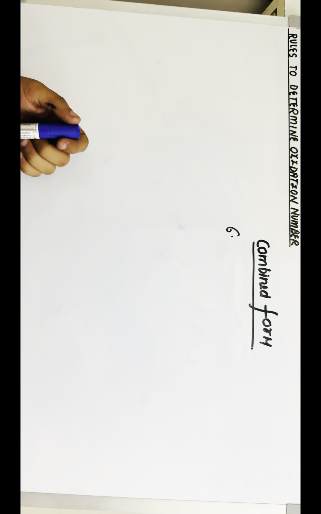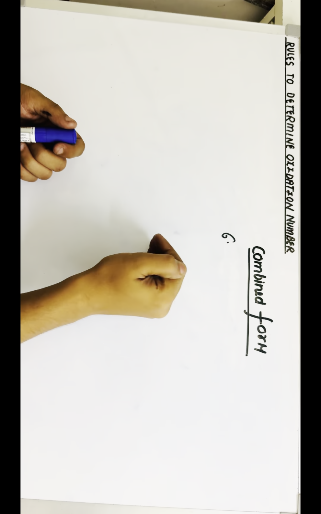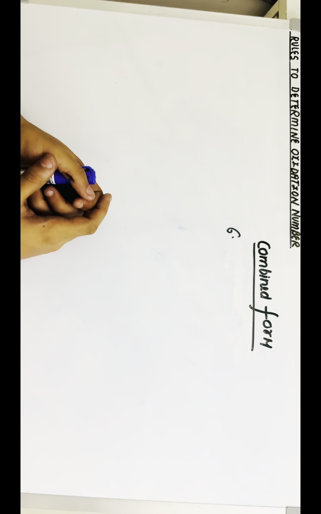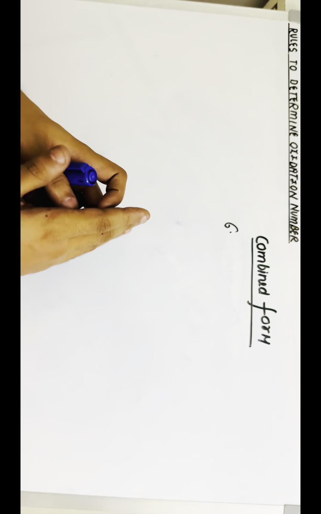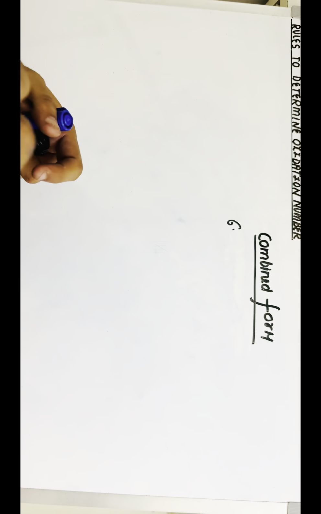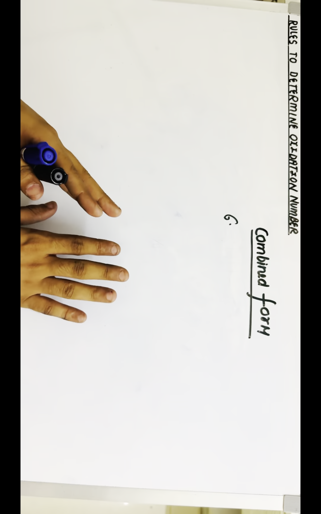Now let's discuss the sixth rule. From the sixth rule, the elements will be with some other elements. They will not be alone, because in the first rule I told you that if any element is alone, then the oxidation number will be 0.